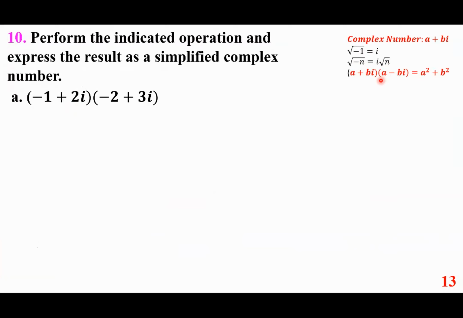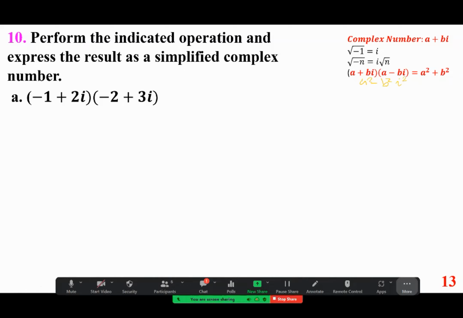When we multiply these two, we get a squared minus b squared i squared, and i squared is -1. So -1 times -1 makes it positive. Therefore, it results in a squared plus b squared.